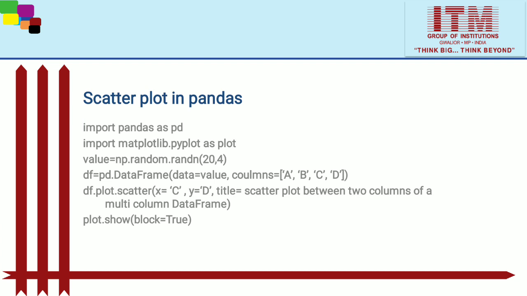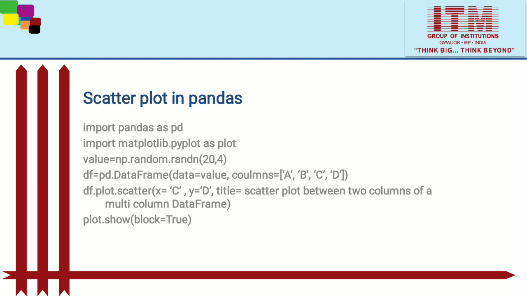For example, if it is mentioned 20 comma 4, what does it mean? This means that we have 20 rows and 4 columns. The first part shows the rows and the second part shows the columns. So 20 is the number of rows and 4 is the number of columns we have.